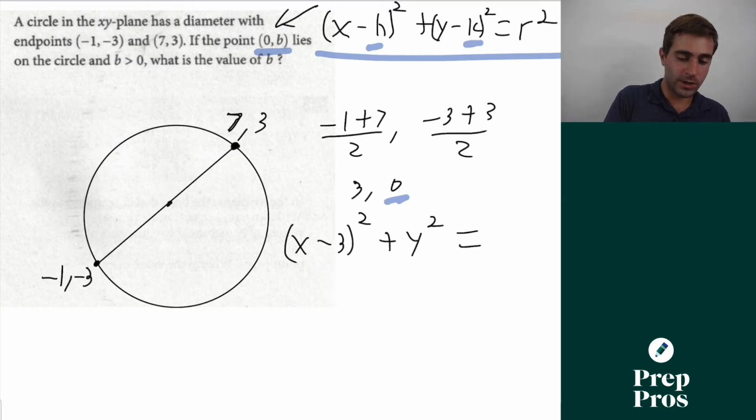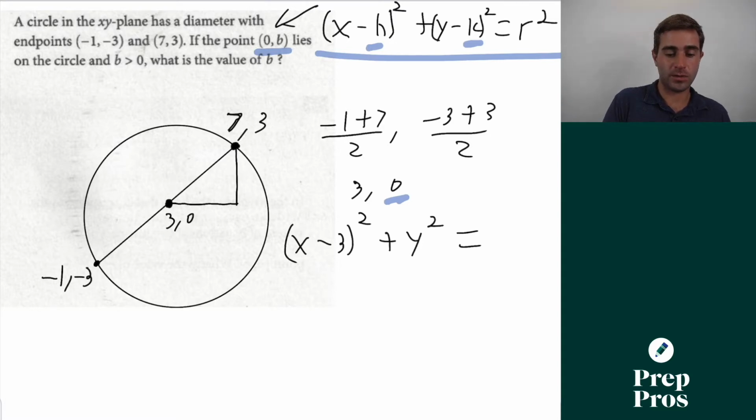Since we figured out that the center of the circle is (3, 0), this brings us to our second important principle for solving all these difficult questions on the SAT, and it's kind of just the definition of a circle. If we know the center and we know any point on the circle, the straight line distance between the two gives us the radius. You could use the distance formula, but what I always prefer to do is make a right triangle to solve for the straight line distance.